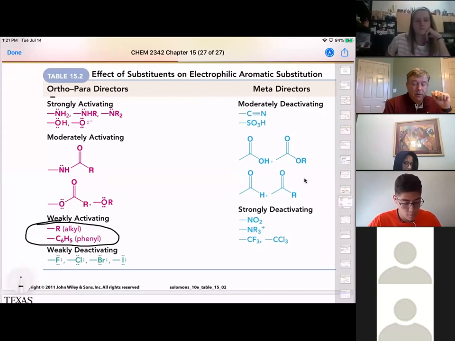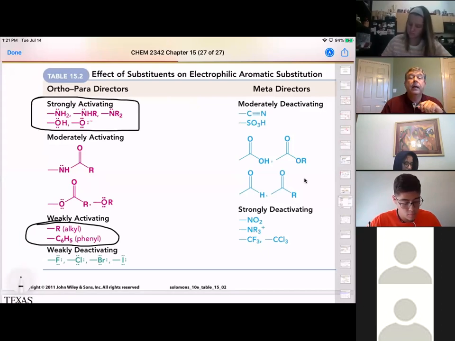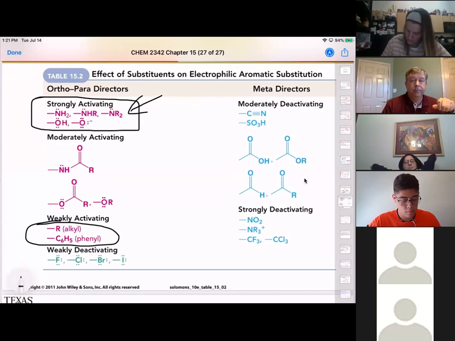So all of these strong activators have these lone pairs, okay? And remember, those lone pairs are able to contribute both inductively and by resonance. And these lone pairs are predominantly resonance activators, okay?